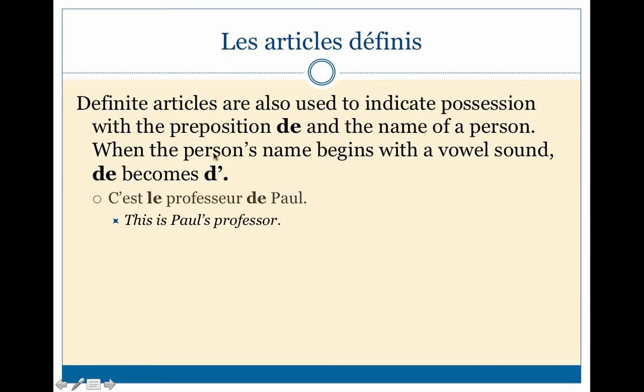We see the same sort of contraction there with the de if this noun had started with a vowel. So you can see here, c'est le professeur de Paul. This is Paul's professor.